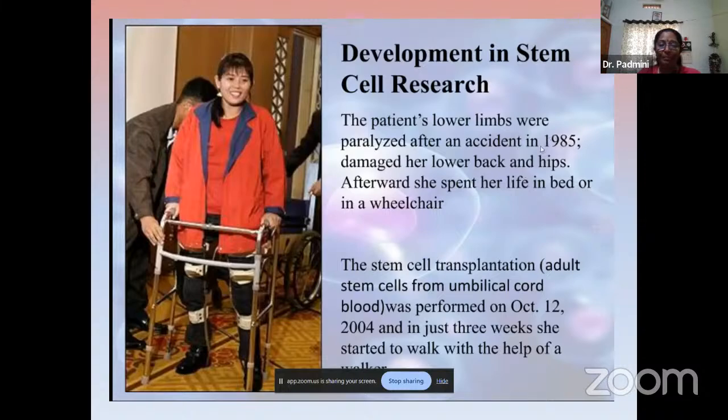But the stem cell therapy made her walk again. This was conducted in 2004, and in just 3 weeks they found that the patient was able to walk with the help of a walker. So definitely stem cells show some advances and promise for the treatment of different types of accidents, and also regenerative medicine therapy.